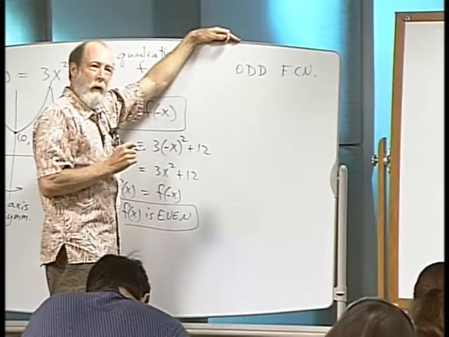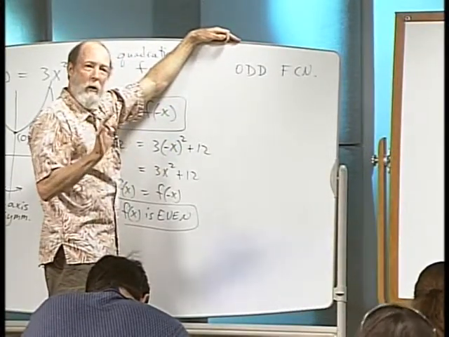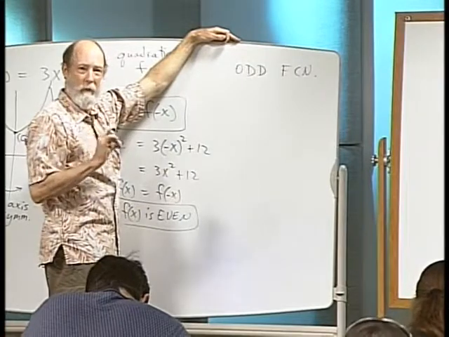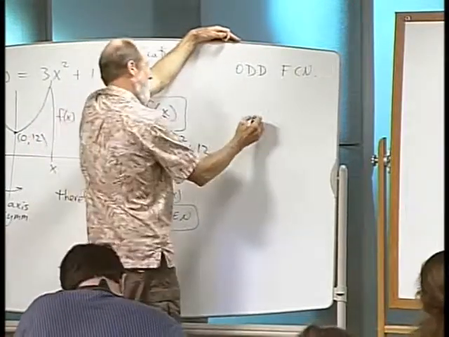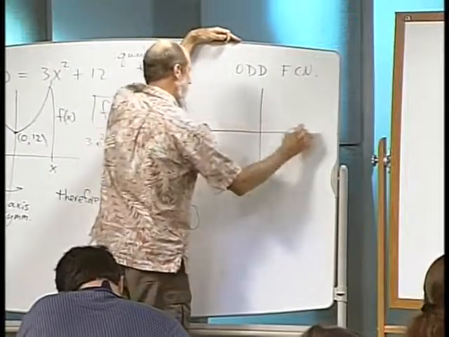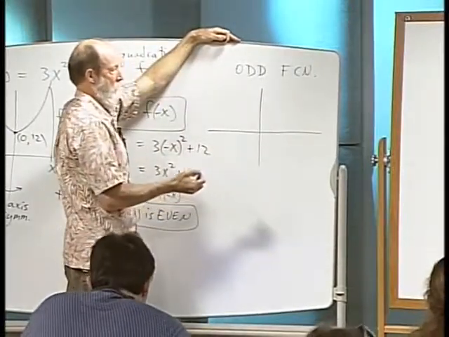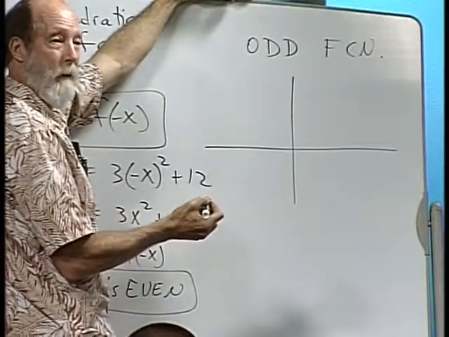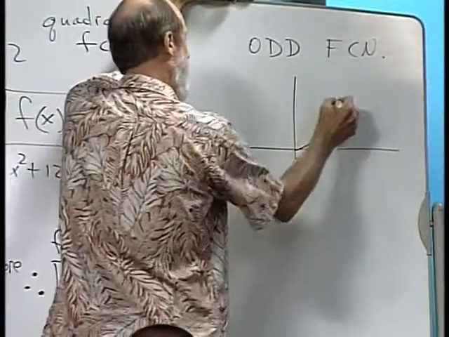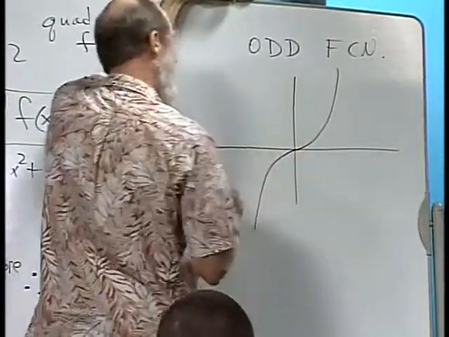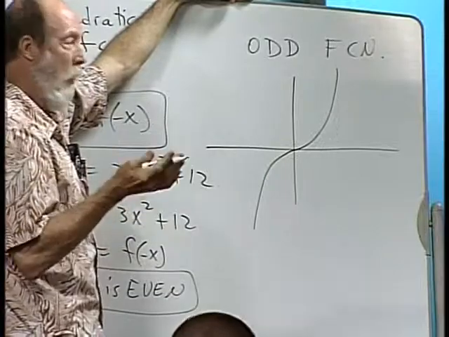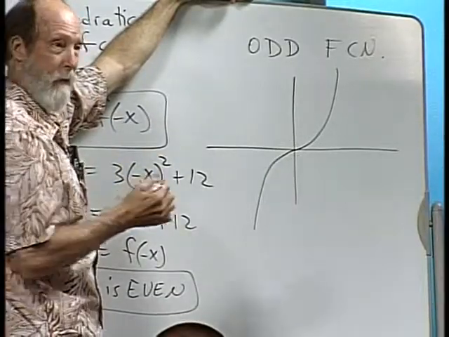If I drew a picture of something I know has origin symmetry, it might look something like this. Why don't we keep it real simple? Okay, I'm going to call this thing f of x.